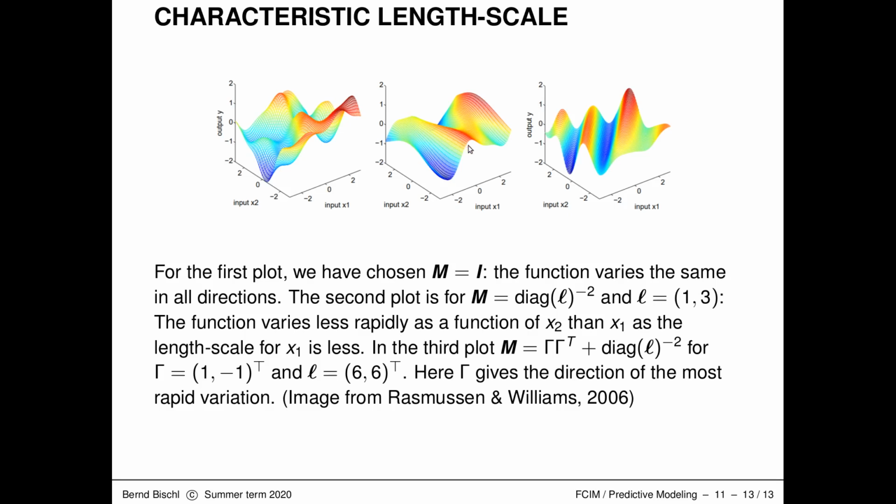If you follow visually along this x2 direction, not much exciting stuff goes on, but it varies quite a lot more if you follow the x1 direction. And this is because of these two different values, and you can control this by setting these, or later on, hopefully, by learning these in a data-dependent manner.